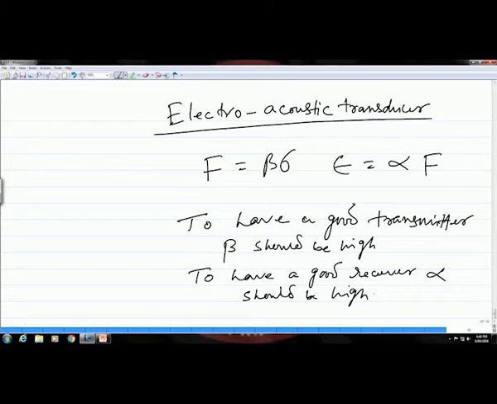So, this is how these two constants, these two parameters alpha and beta control these ultrasonic transducers.